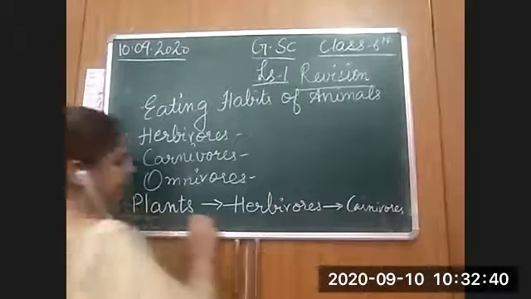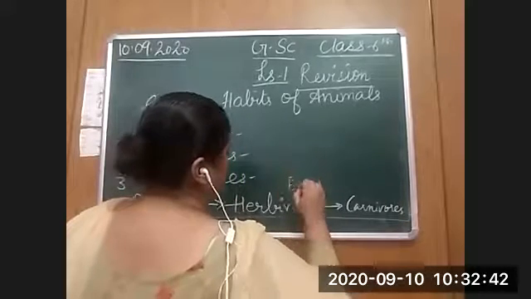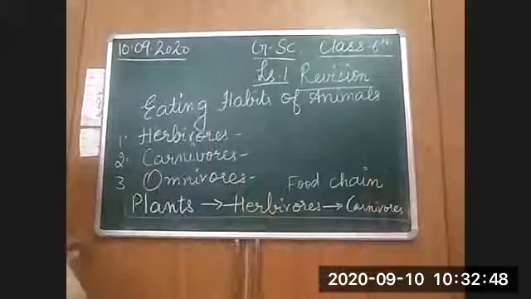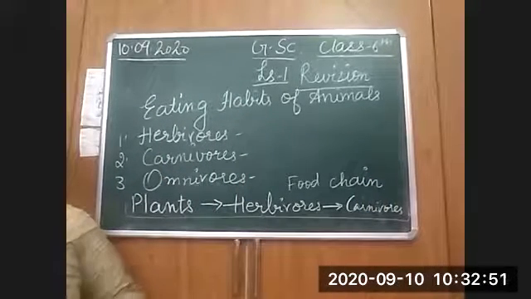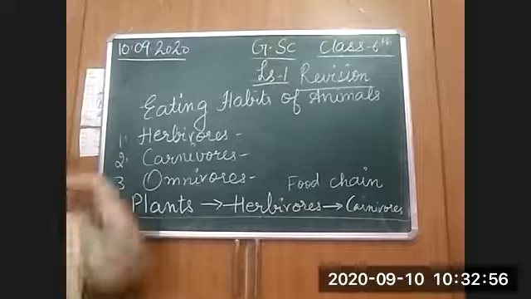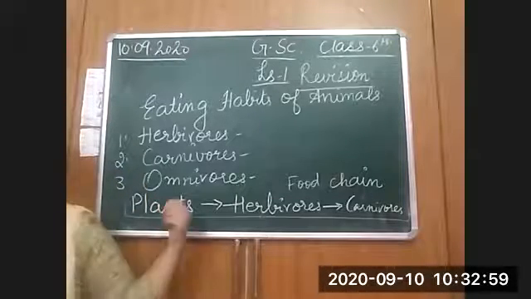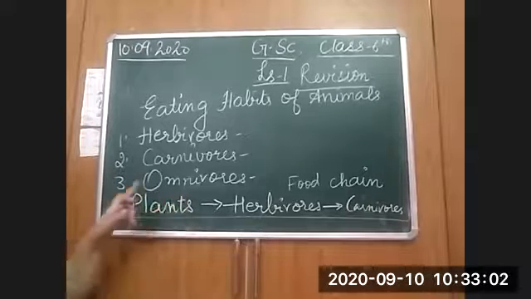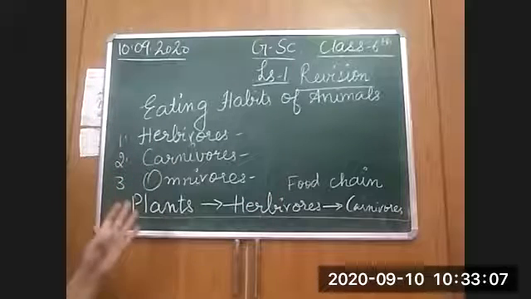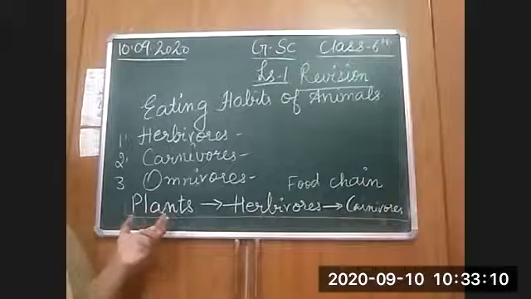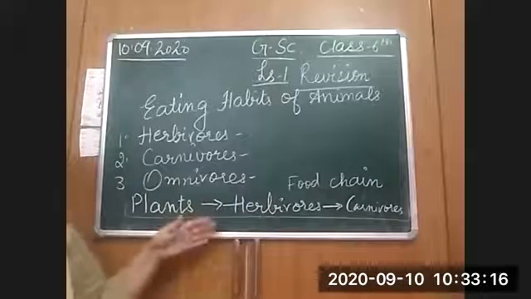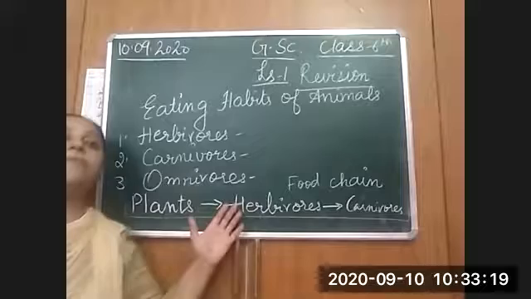This makes up the food chain. What does it make? It makes the food chain in which one organism is eaten up by the other organism, right? Here, what happens is transfer of food is taking place. Transfer of food is taking place, and side by side there is transfer of energy.